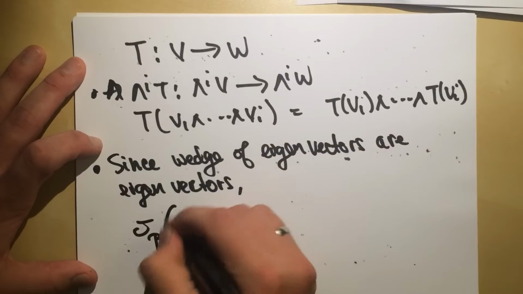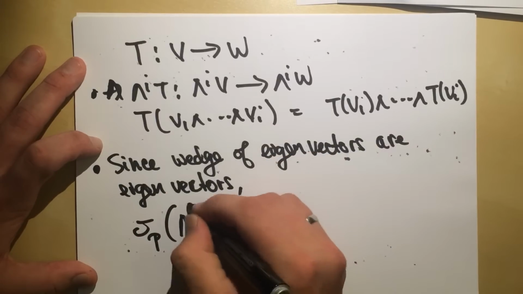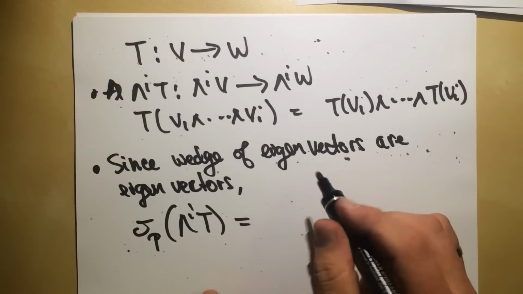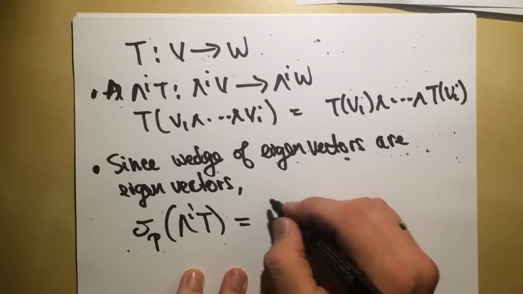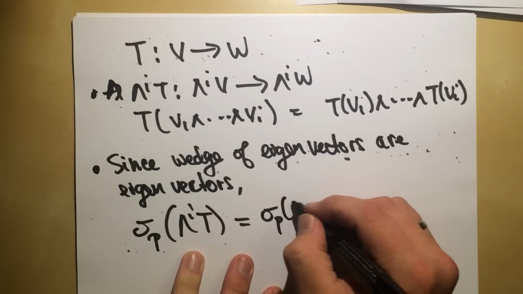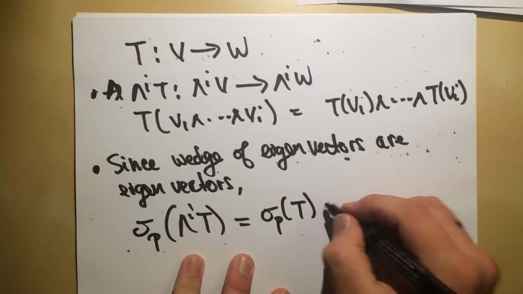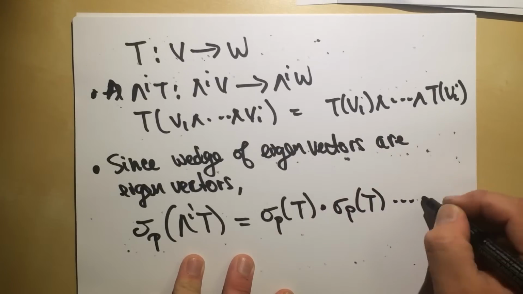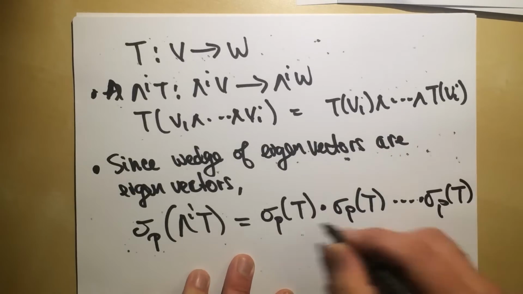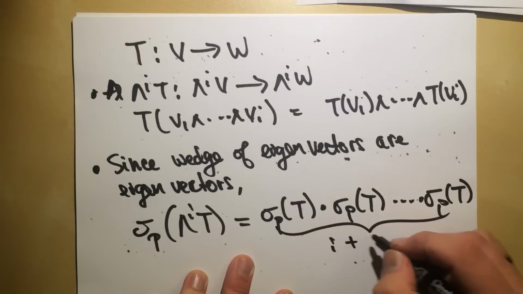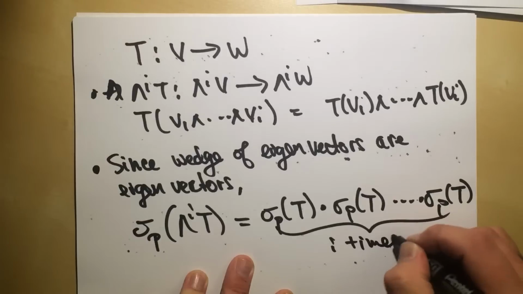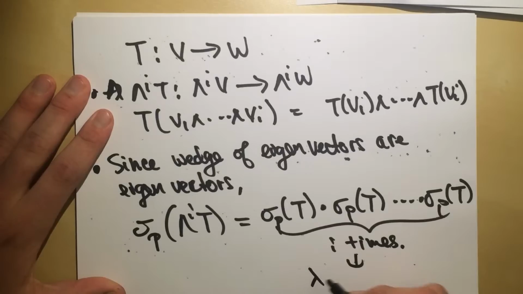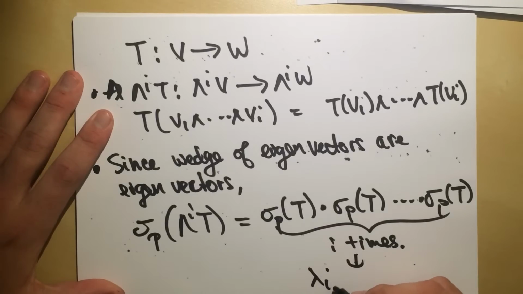The point spectrum of something like a wedge power of t will be equal to the products of these eigenvalues. So this is the spectrum of t, and this is going to be I times. And so this thing will contain these products of eigenvalues.